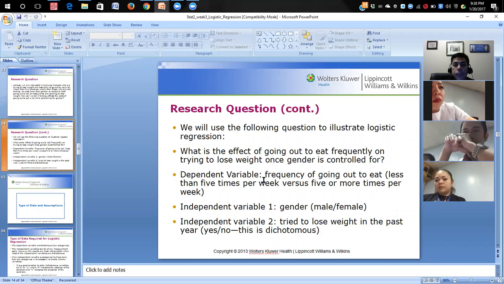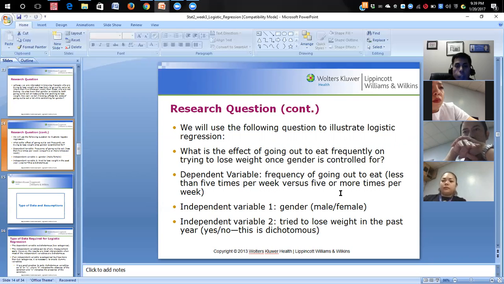So the dependent variable is how frequently one goes out to eat. You need to make it binary, whether you go out more than 5 times a week, or less than 5 times a week. So it only goes 2 directions.